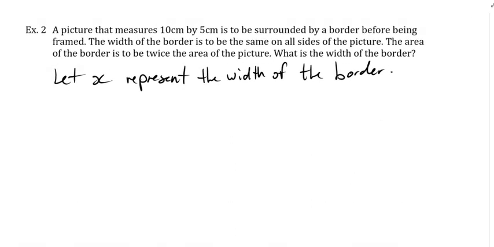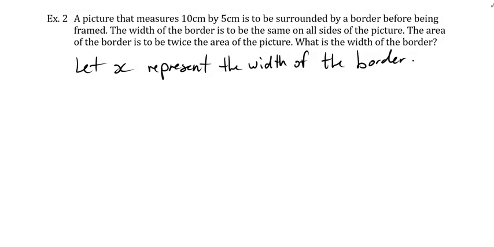In fact, on a test, a question like this would have a mark for a properly drawn and labeled diagram. Okay, so let's start with our photograph or picture. I don't know if this is a photograph or a picture, but we'll just say it's a photograph.